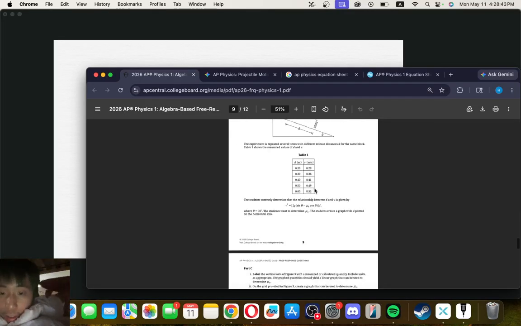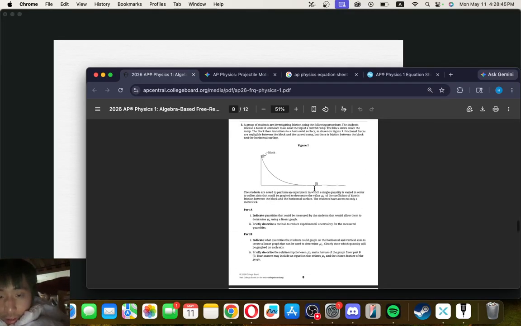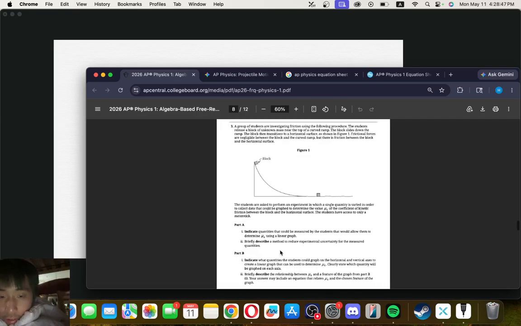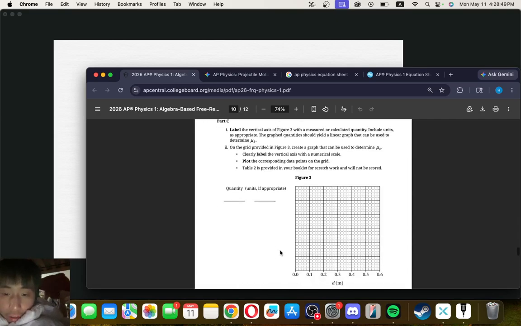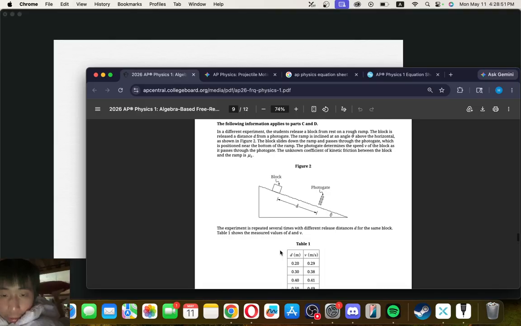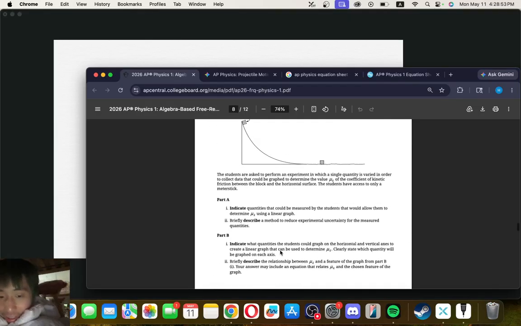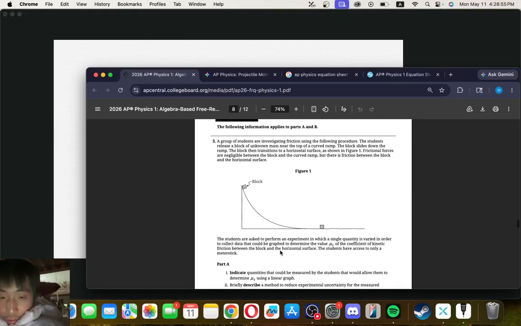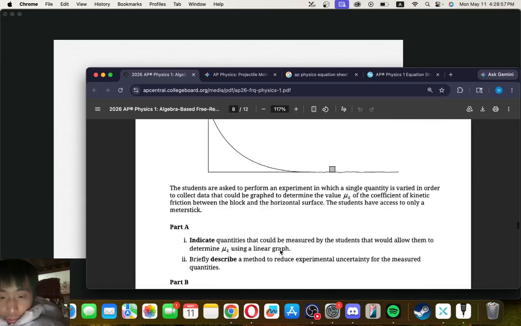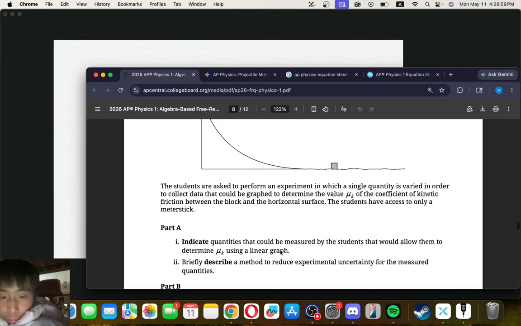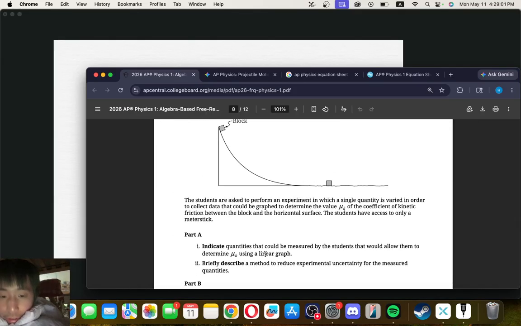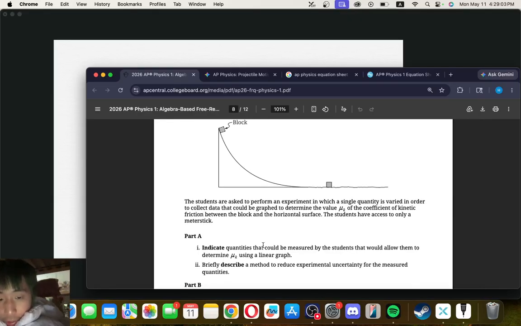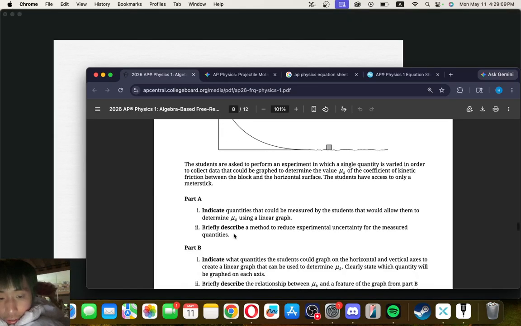Let's see if this is the lab. I don't even want to do this, bro. Indicate which components to determine mu k using a linear graph. We will find a mu k. Oh, that is nasty, but yeah, good luck with that one, bro.